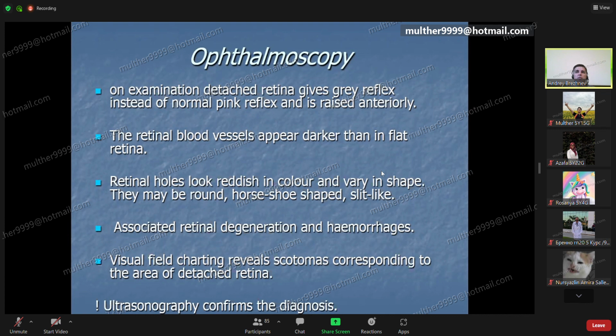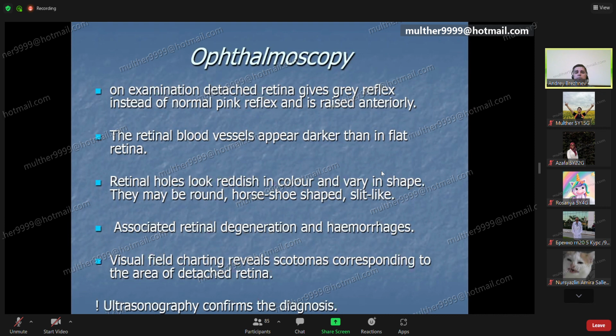The retinal blood vessels appear darker than in flat retina. Retinal holes look reddish in color and vary in shape. They may be round, horseshoe-shaped, slit-like. Associated retinal degeneration and hemorrhages may be discovered.